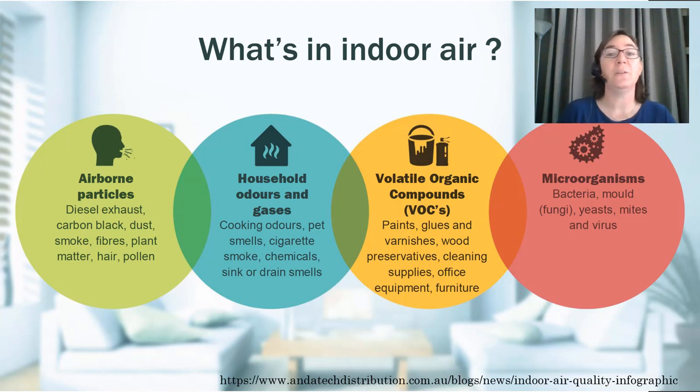These come from paints, glues, varnishes, wood preservatives, and you can specify low VOC products. Finally, microorganisms such as bacteria and mold. Again, we can drastically affect the amount of mold in our homes by removing the moisture, and the ventilation system helps with that.